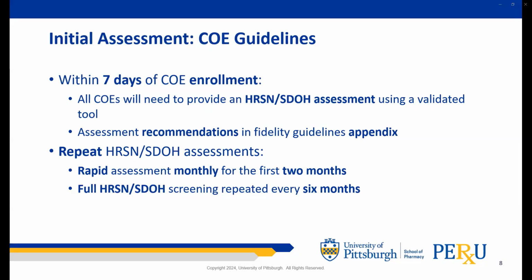In addition, the current Appendix and Exhibit G state that assessments to identify a member's needs related to social determinants of health, administered in home and community-based settings whenever practicable, are one component of COE care management.